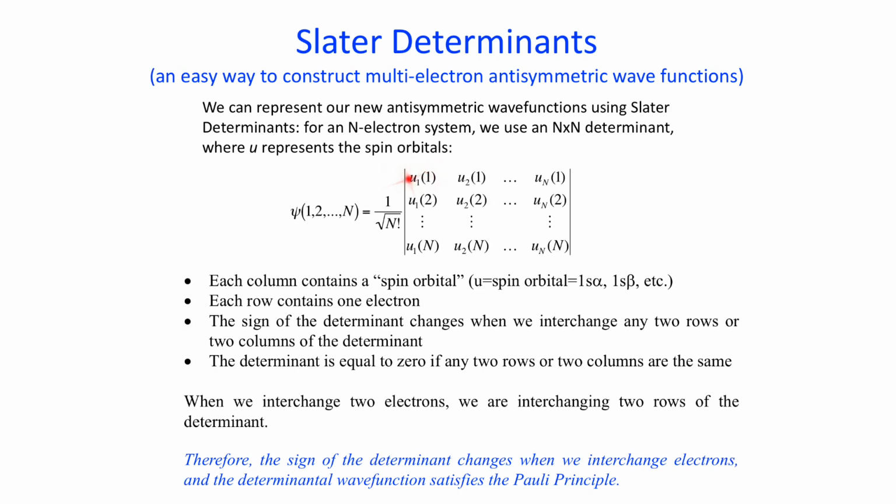This first term here would be a 1s 1 alpha 1 spin orbital. This term here would be a 1s 2 alpha 2 orbital, so on and so forth down the line for as many electrons as you have. As we move over to our second column, we're just occupying our next position possible for an electron, so that would still go into a 1s orbital, right?